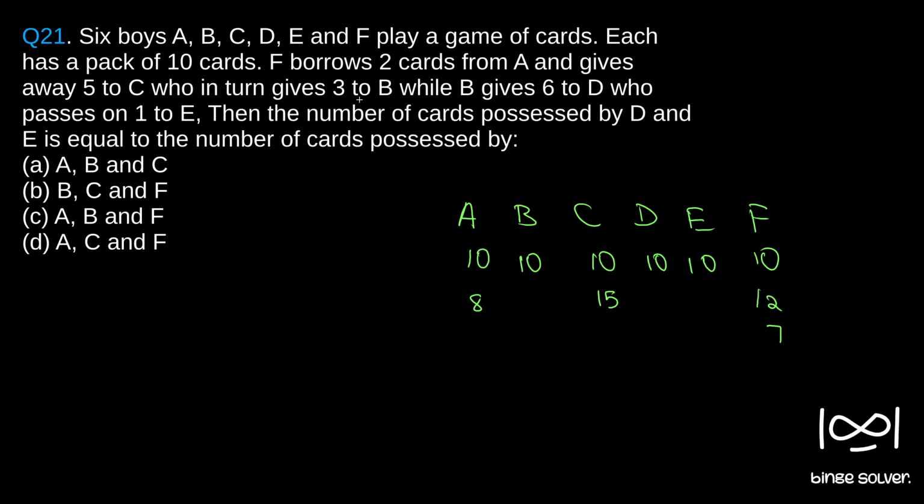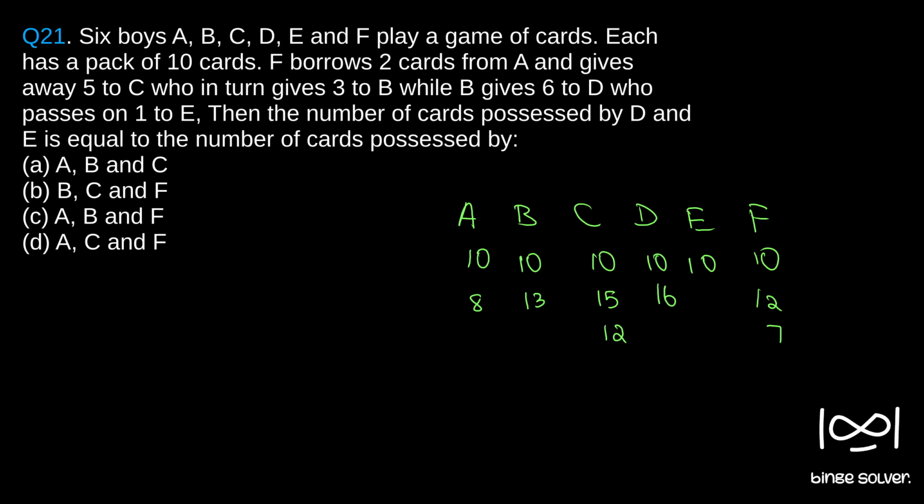C in turn gives 3 to B. So B gets 3 cards from C. While B gives 6 to D. So D gets 6 from C, who in turn gives 3 to B, while B gives 6 to D. Okay, sorry, made a mistake.